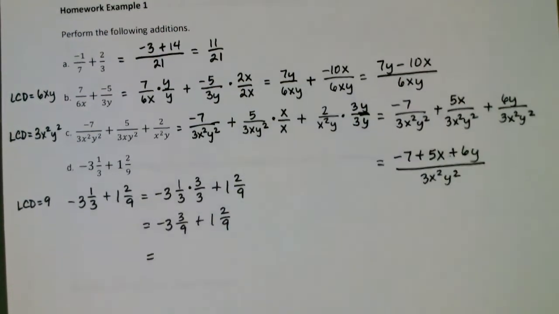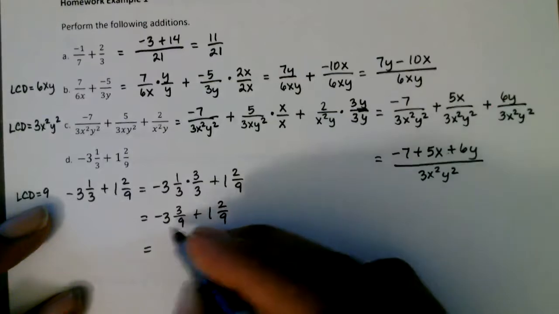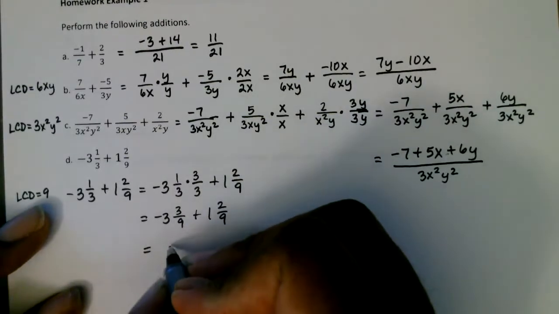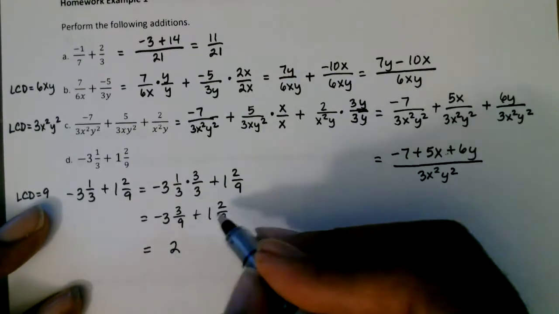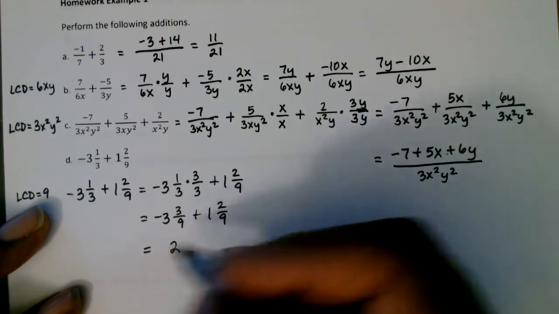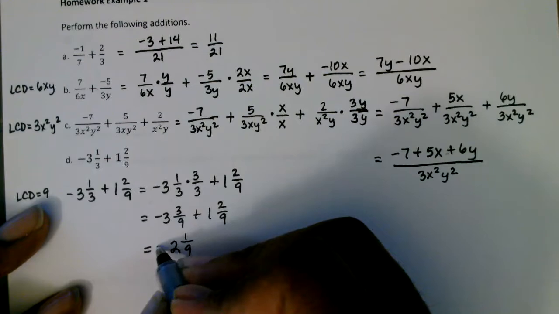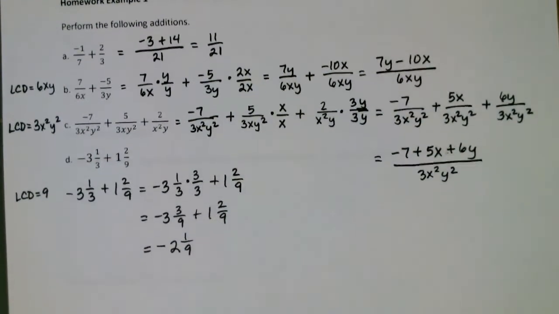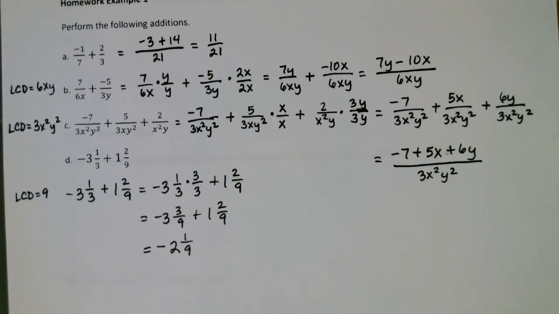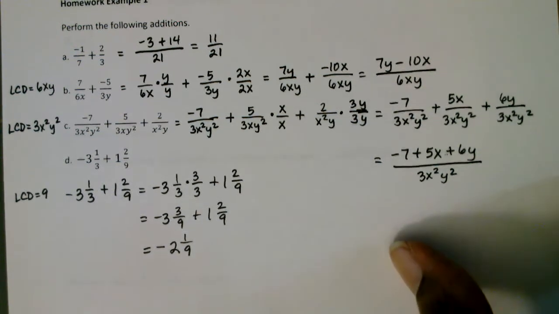So in this case here, if I subtract 1 from 3, that will be 2, and I subtract the fractions, 2/9 from 3/9 will be 1/9, and give the sign of the larger absolute value. It's negative, so that means my final answer will be -2 and 1/9. All right, so that's how we add fractions.